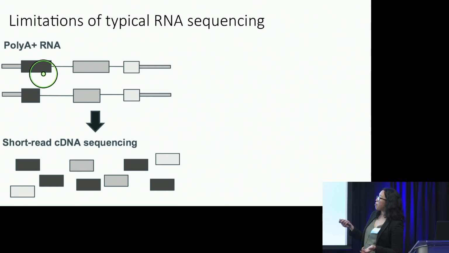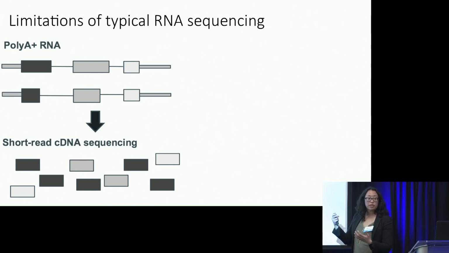But they have different patterns of splicing, like shown here. The intron here is kind of bigger than the intron here. So these are actually different transcripts that are expressed. So again, the short read cDNA sequencing makes it really difficult to know exactly what RNAs were actually present.